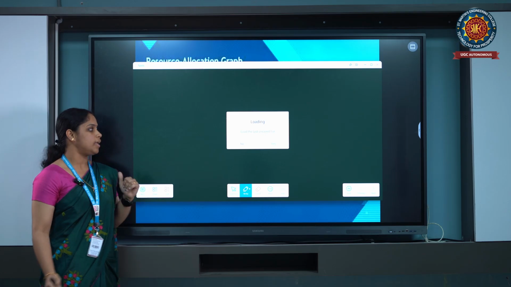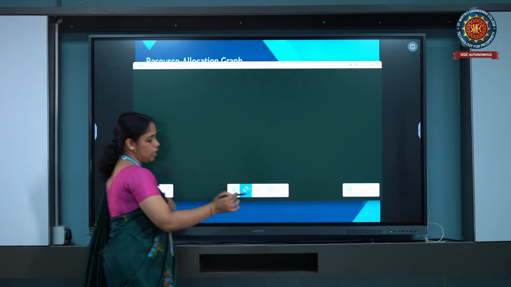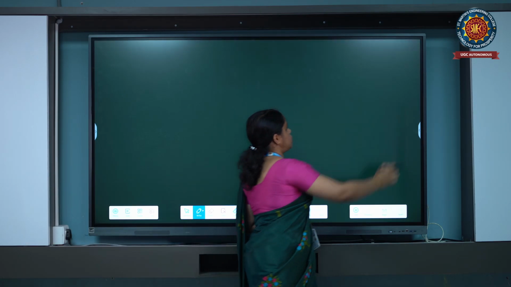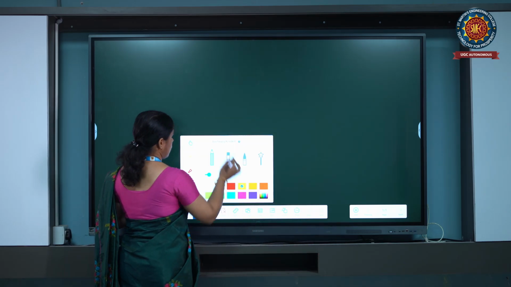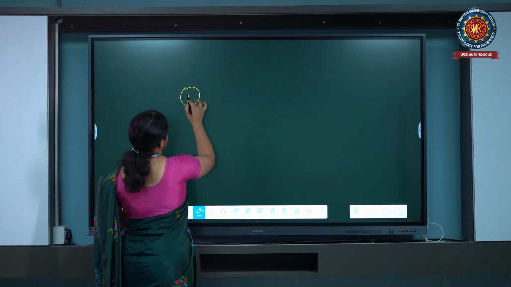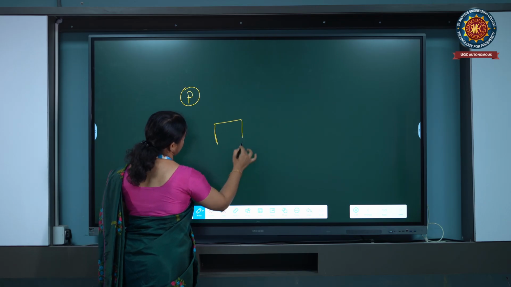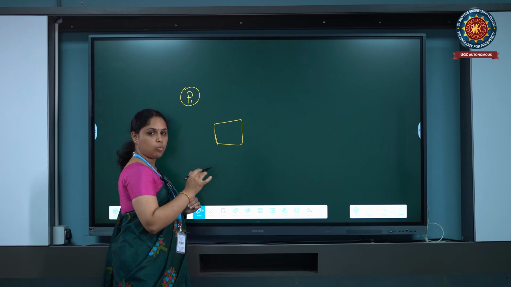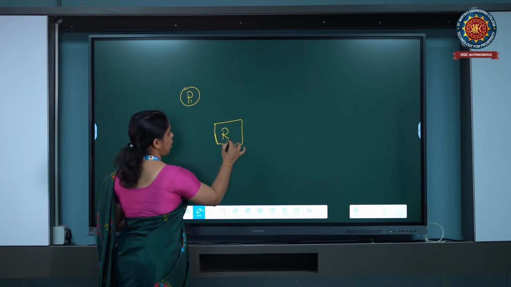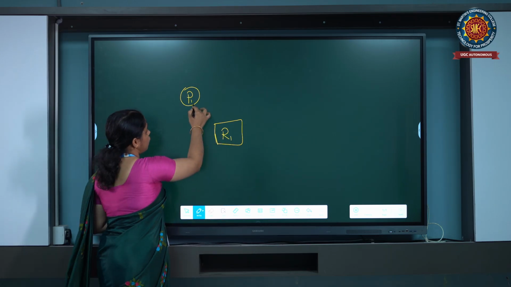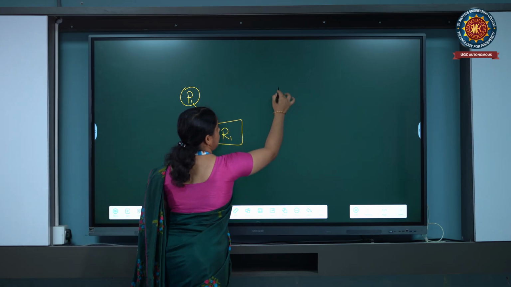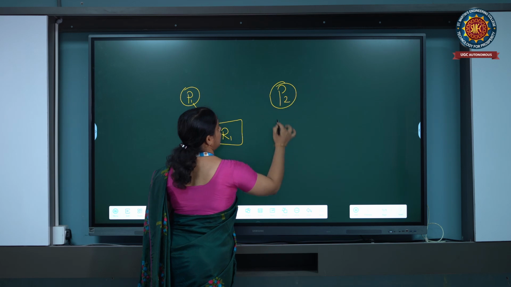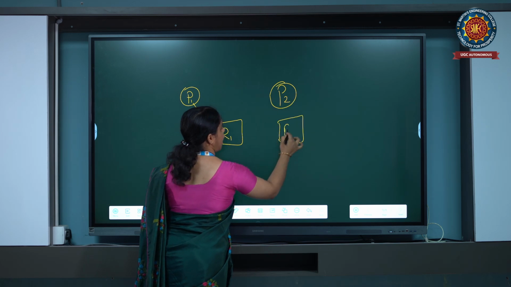That is a situation of deadlock. Let me explain with one process and one resource, P1 and R1. P1 already holds R1, and there is another process P2 and another resource R2.